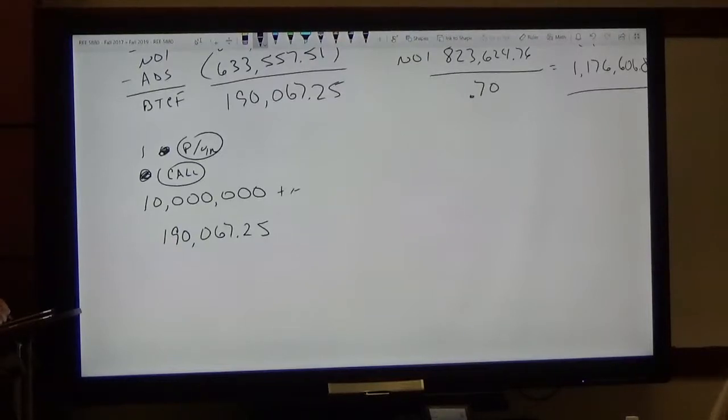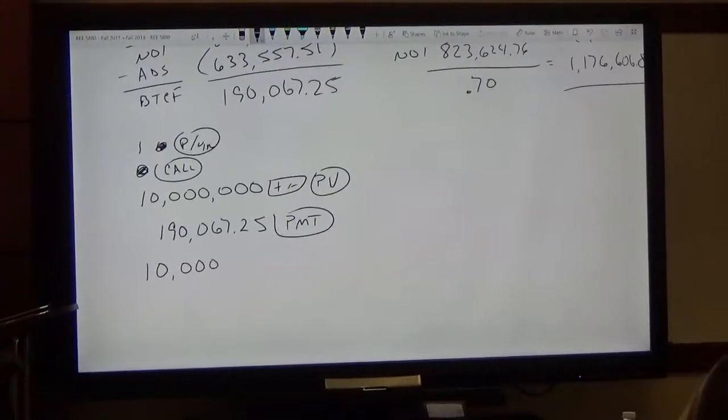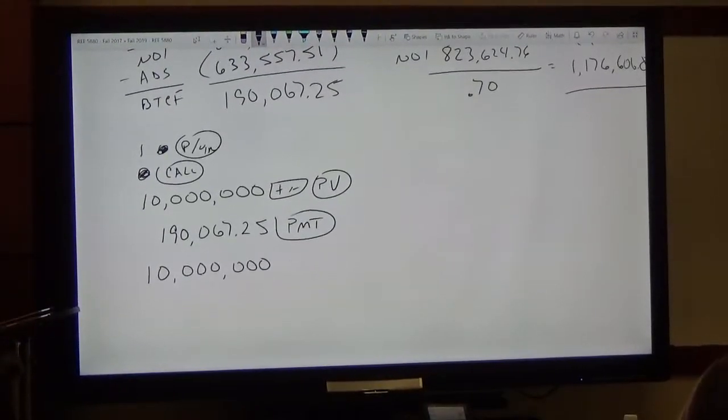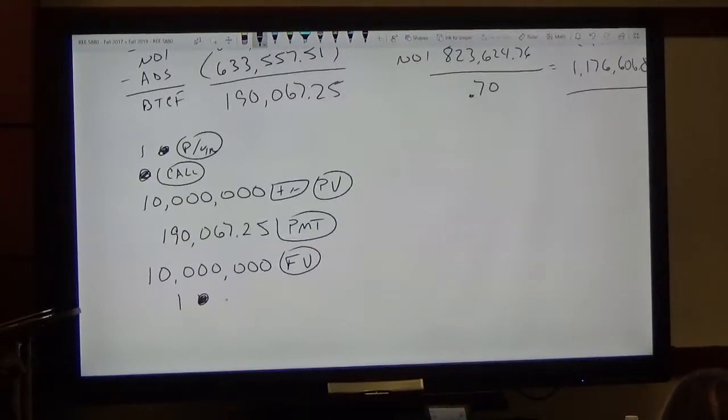So this is present value, this is our payment, and then ultimately we sell it for, let's say, $10 million, exactly what we have in it. And we held it for 1 year.